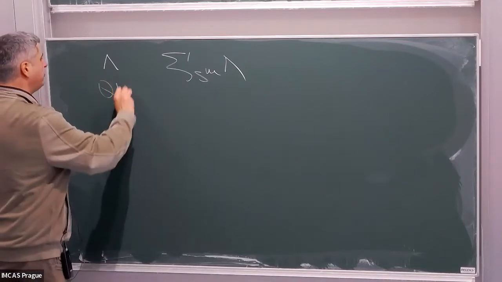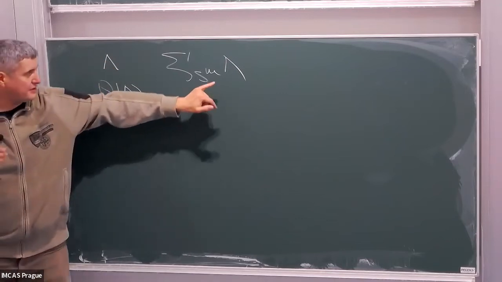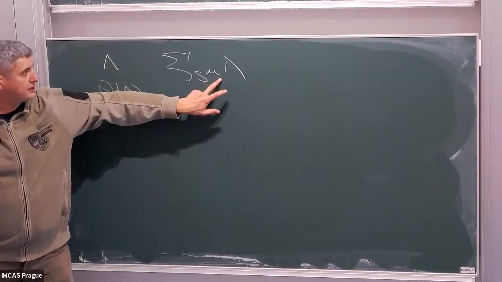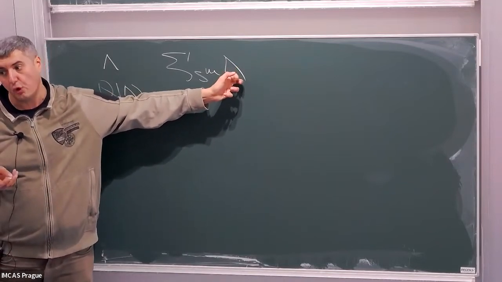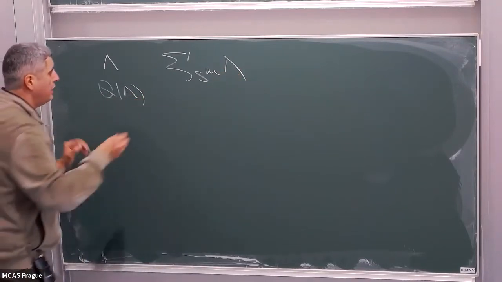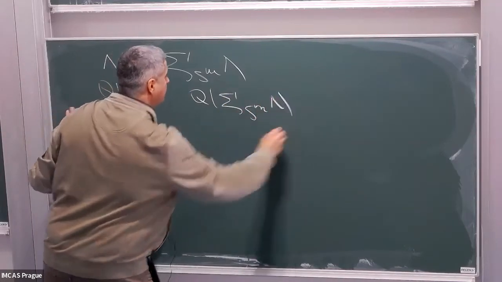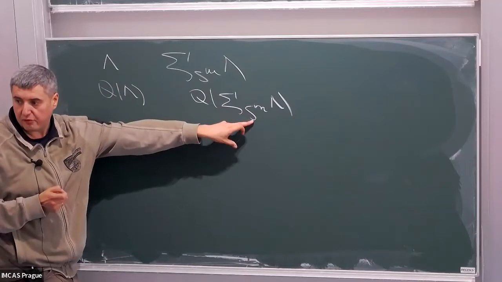Here we have Q lambda, all Reeb chords from lambda. This guy, after a certain Legendrian isotopy, looks like lambda times the zero section in the cotangent bundle of Sm. So basically, here we have Q sigma Sm lambda, and to one chord here, we have the whole Sm family of chords there.